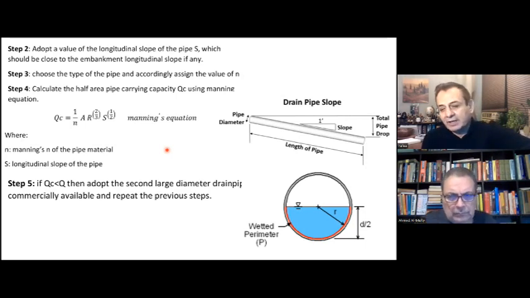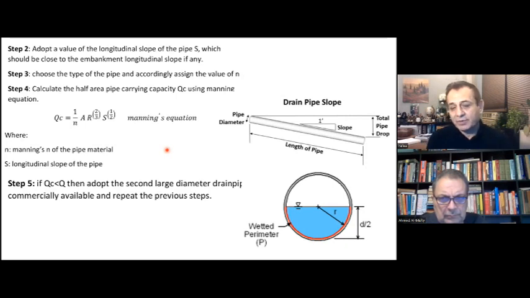But hydraulically, the slope affects the velocity and the Froude number. The Froude number is a critical point in designing pipes, because we have to make sure that the Froude number is not greater than 1. Otherwise, there will be a hydraulic jump in the pipe, and we should avoid that.